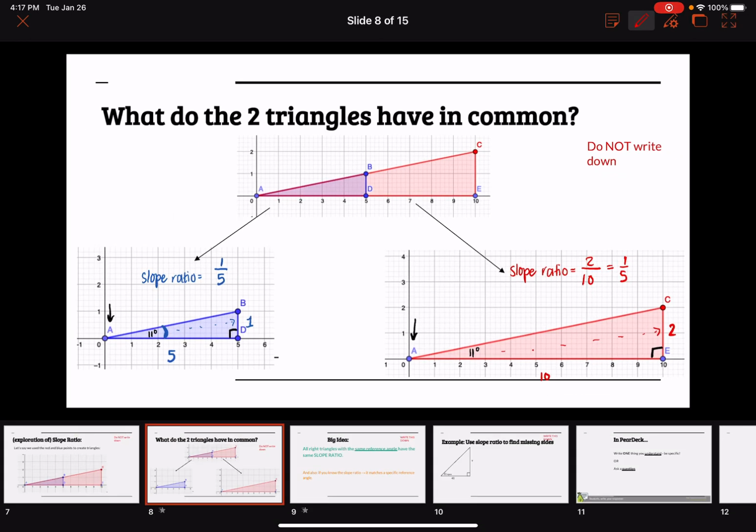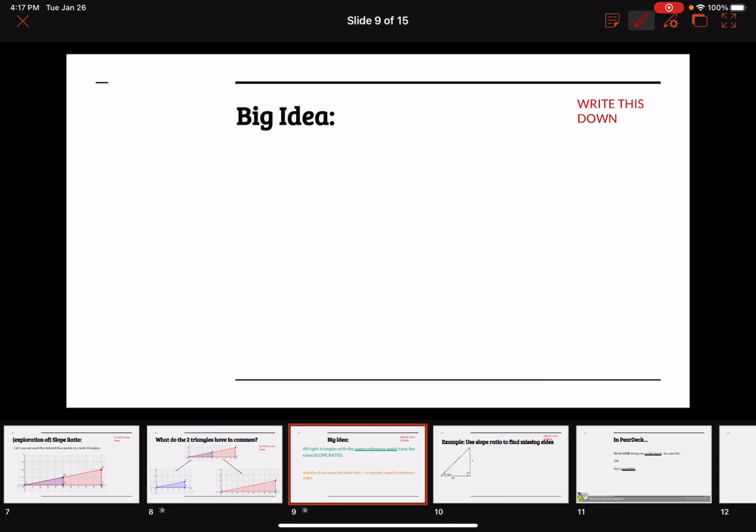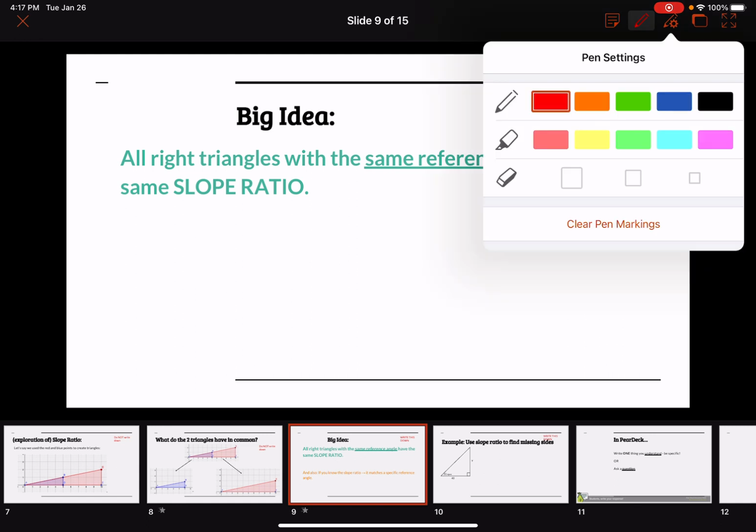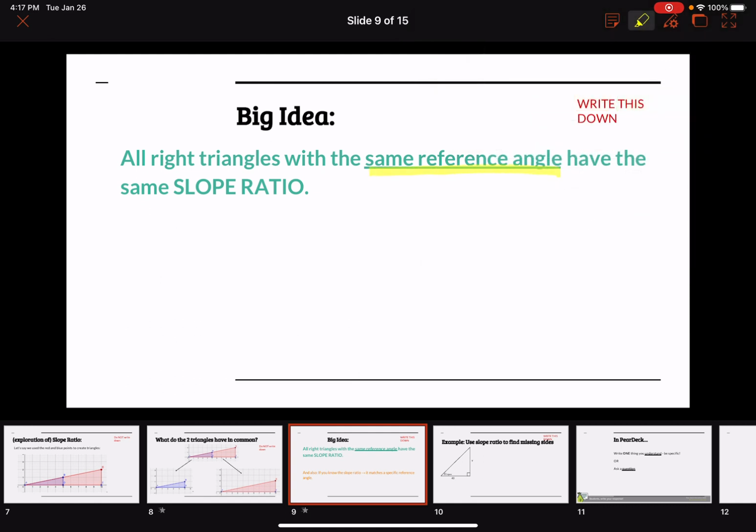This leads us to a big idea: all right triangles with the same reference angle, in our example 11 degrees, have the same slope ratio. Slope ratio in our last example was 1/5.